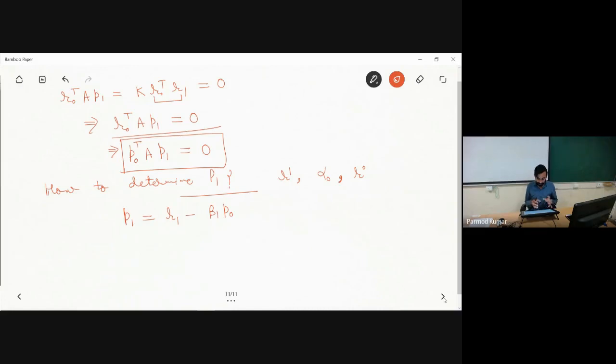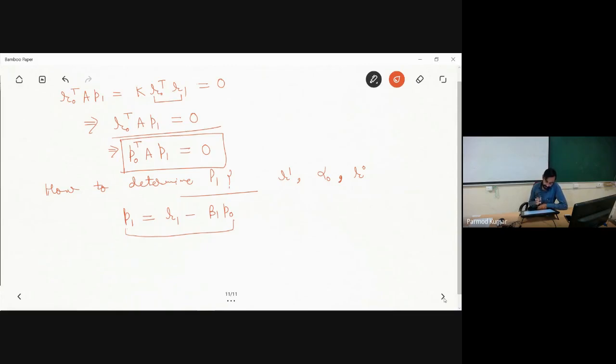So what I have done is taken an approximation that with the residual R1 and the earlier direction P0, my P1 direction actually has some linear relationship. And by using this linear relationship, I can now find the value of this P1. So is this point clear?